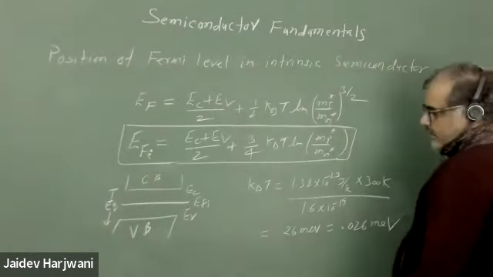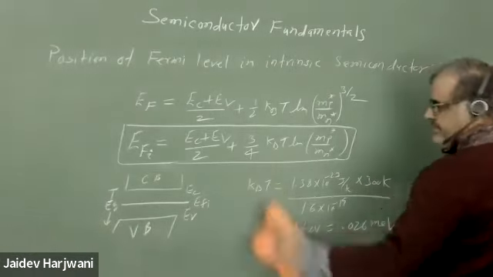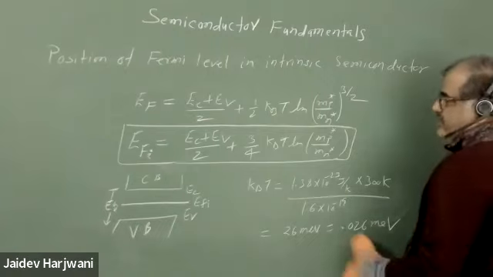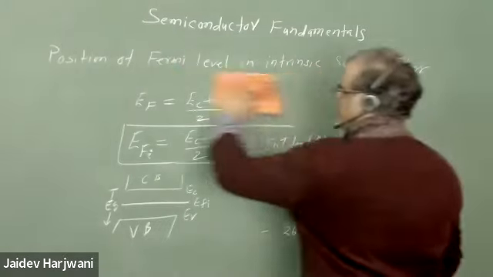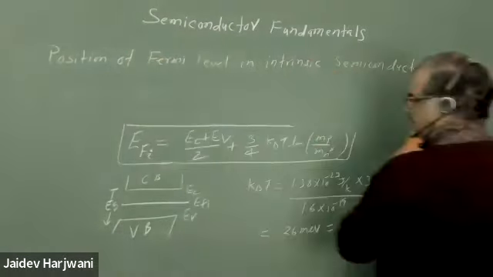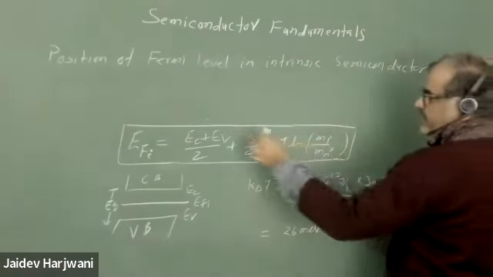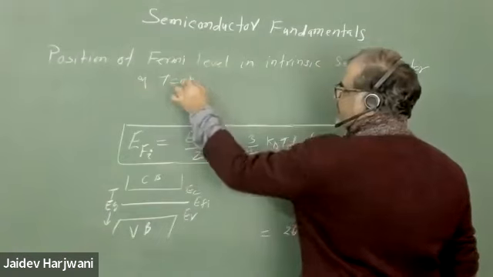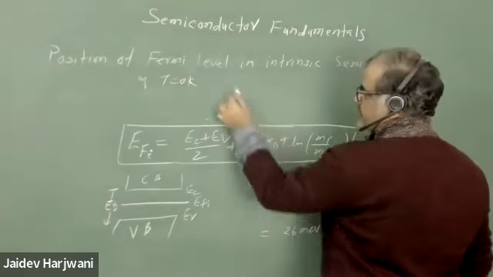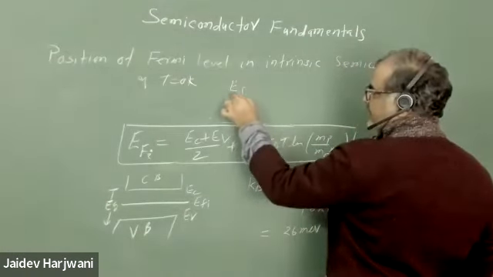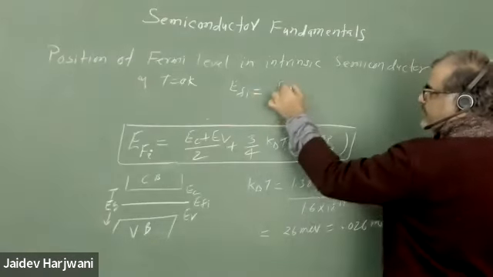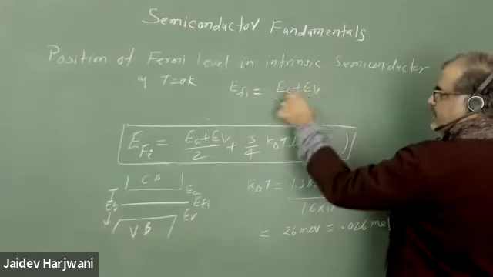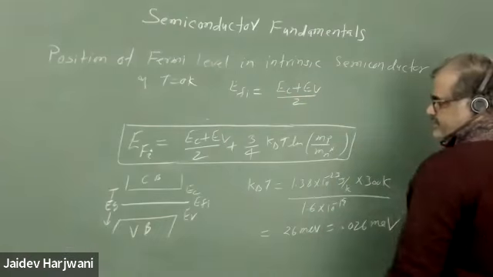Now you can also see, if your temperature T is equal to 0 Kelvin, this term becomes 0. So your EFi again comes exactly in the middle, EC plus EV by 2.